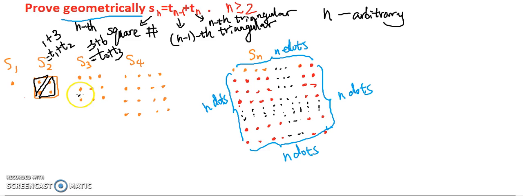So that gives us an idea. Probably we can do something like that. So we cut right above the third row, right behind the second column, and draw a line.